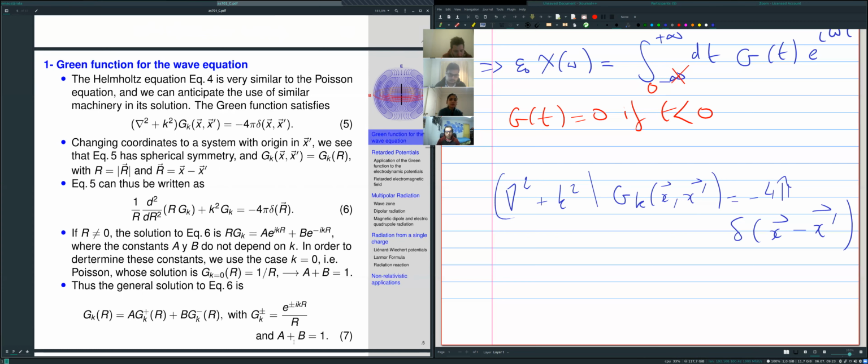Now we need A plus B equals 1 because of the k equals 0 term. So I'm going a little bit fast, but you can imagine that this is all straightforward. I'm not using anything too fancy here, just the solutions to the Poisson equation when we are away from the origin.